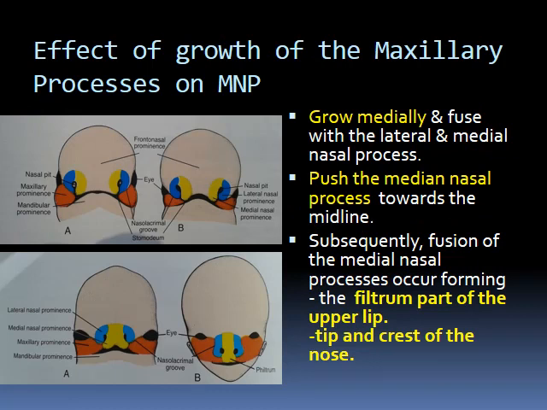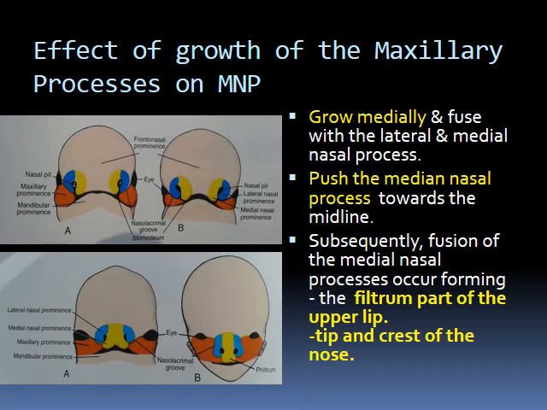I am sure you can identify the various prominences here. The blue is the lateral nasal prominence or process. The yellow is the medial nasal process. The orange color represents the maxillary process, and below the stomodeum it is the mandibular process.